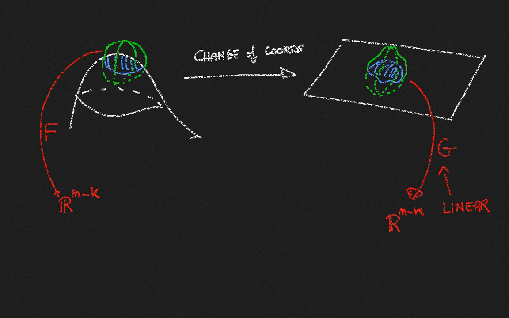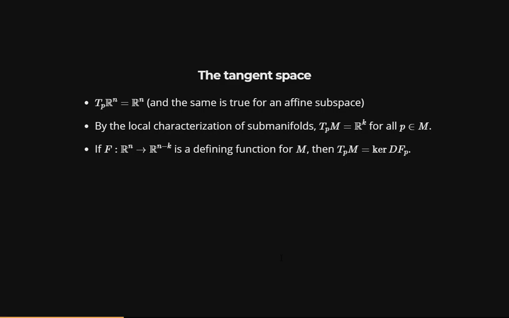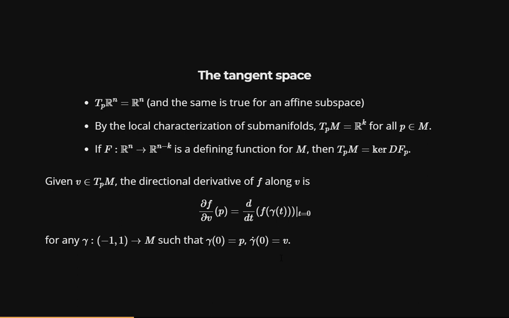Again, if you have any questions, stop me. Now we can define the directional derivatives. Given a vector in the tangent space at P, because the tangent space here is always a vector space, the directional derivative of f, which we denote for now as f in the V at P, is just the derivative of f composed with gamma, where gamma is any curve that has that velocity vector.